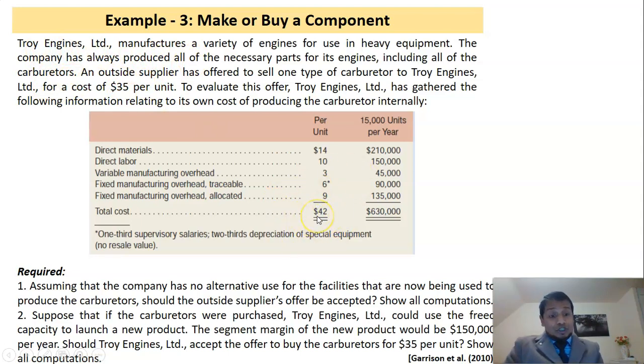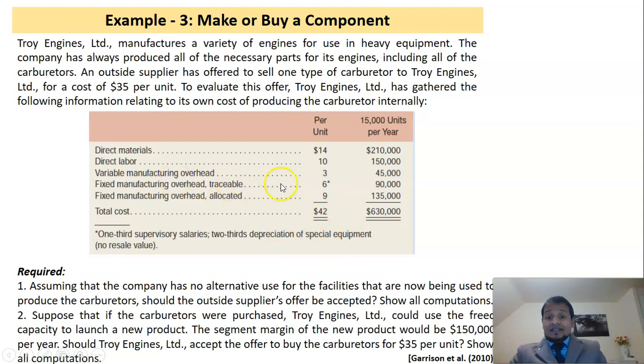All right, so altogether, if Troy Engines make this carburetor, then the cost to this company is 42. And they got an offer from another outside supplier for 35. So if they purchase from the outside supplier, it will cost them 35. If they make, total cost now comes to 42.